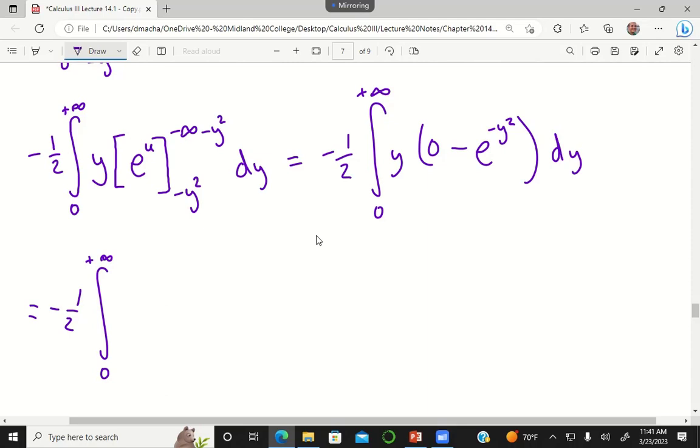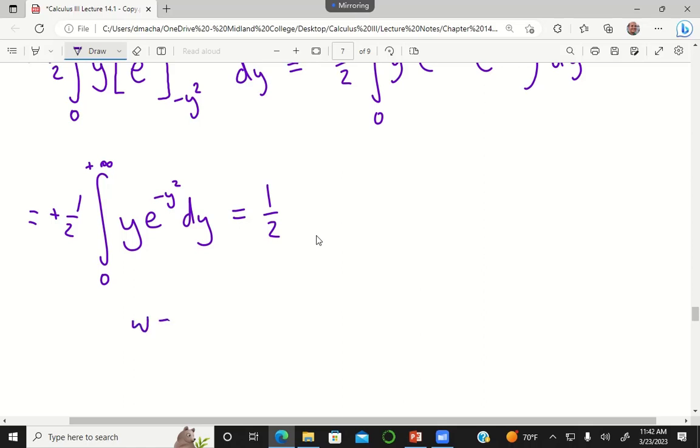So my new integrand is going to be, I'll make that a plus to get rid of my minus signs. It's going to be y e to the power negative y squared dy. Yeah, and so I could do another u sub.